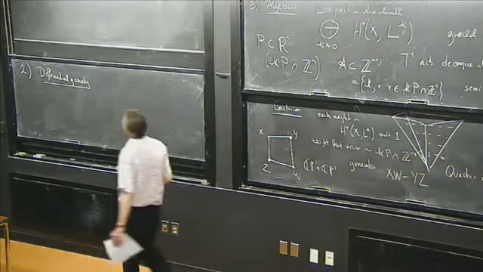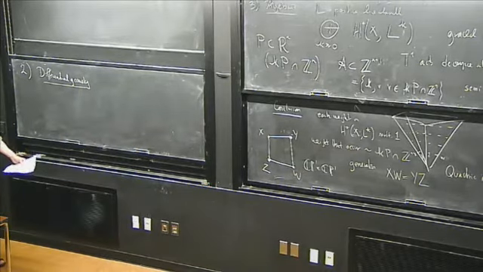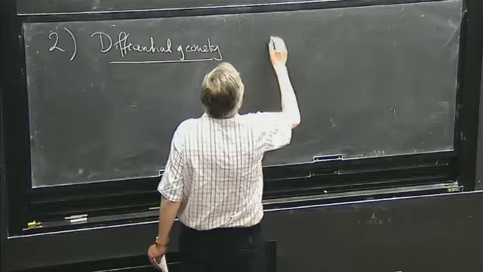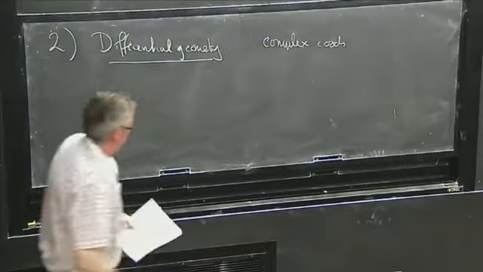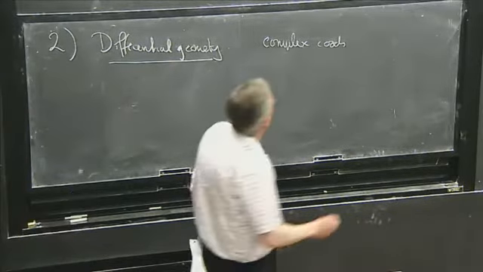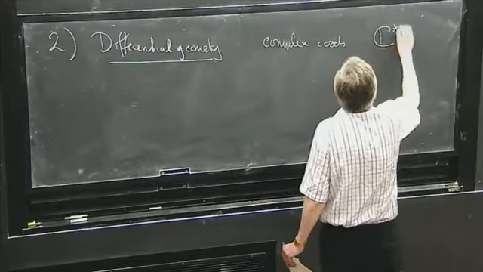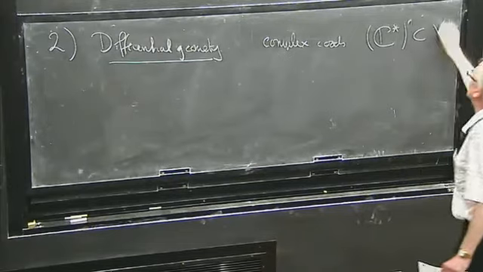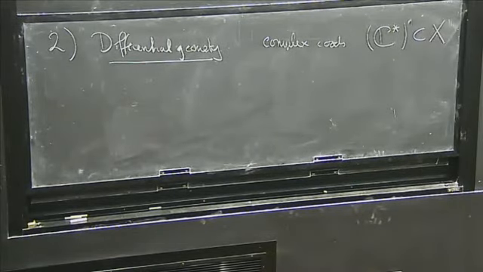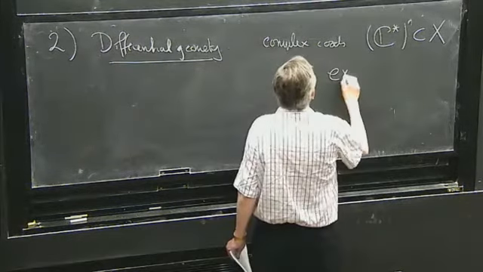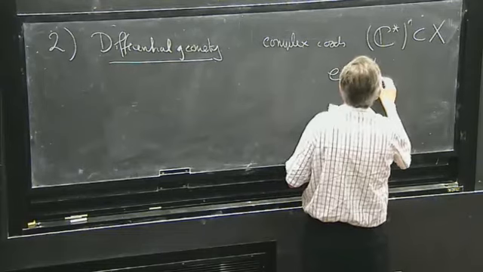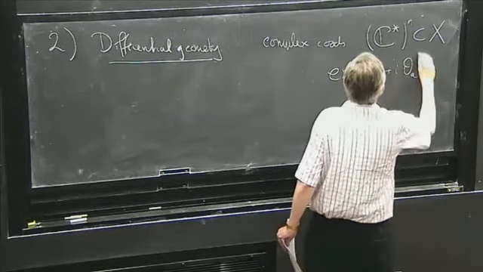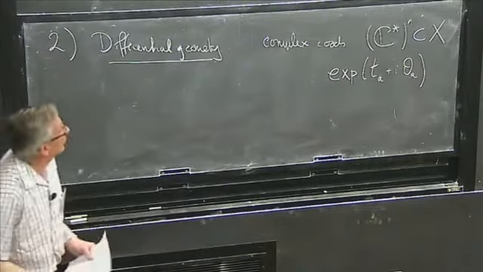One way would be to take complex coordinates, so we're going to work on our C star to the n in X. Let's take our complex coordinates to be x of t, so t_a plus i theta_a. So this is really a periodic coordinate.